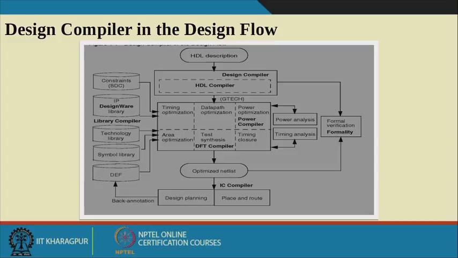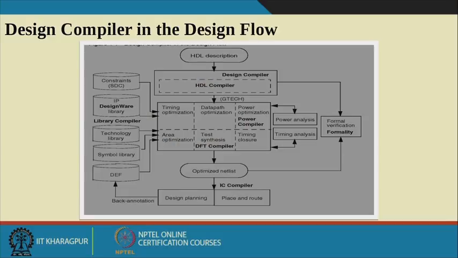All these library files are compiled, and that information is provided to Design Compiler through the Library Compiler. So whenever it is compiled through the library, this library information goes to Design Compiler. On the right-hand side there are two other things, power analysis and timing analysis.